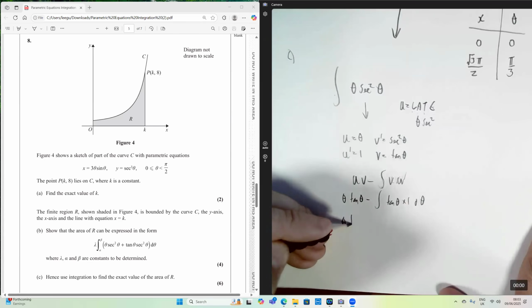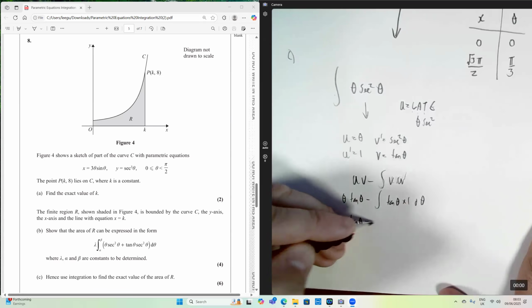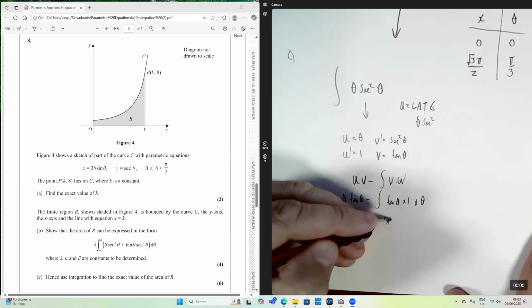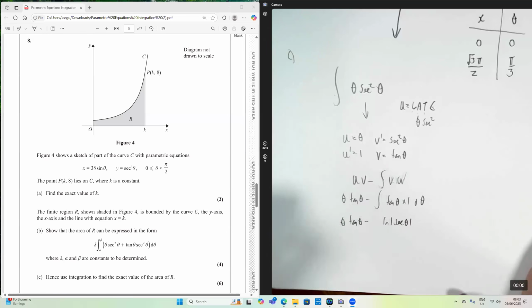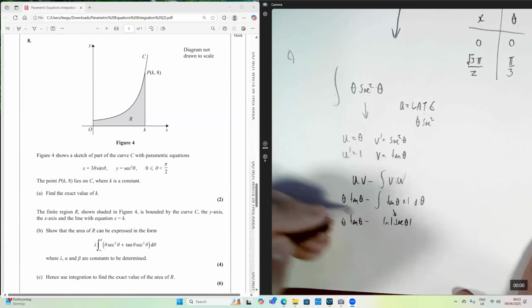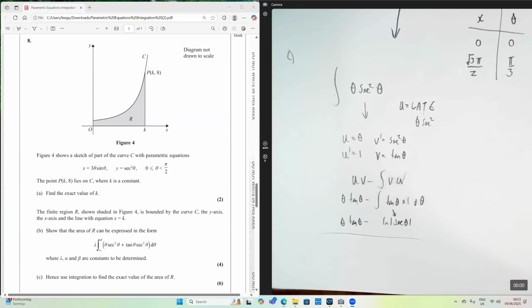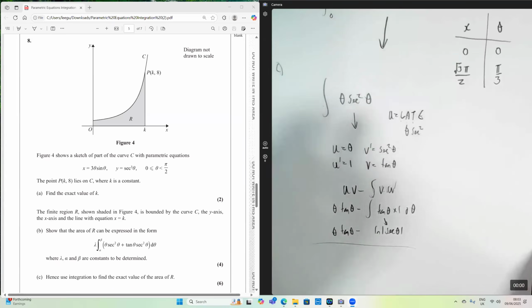So it goes to theta tan theta, and the integral of tan is ln mod sec theta. That's given in the formula booklet, so you don't need to worry about that. So the integral of theta sec squared theta goes to theta tan theta minus ln mod sec theta, and again, that's using some standard results from the formula booklet.